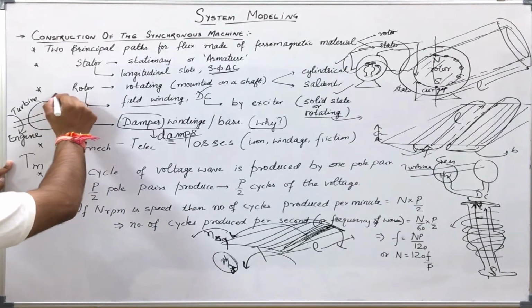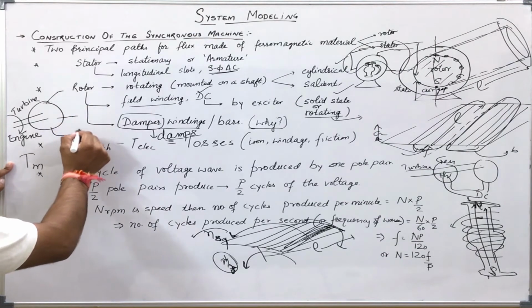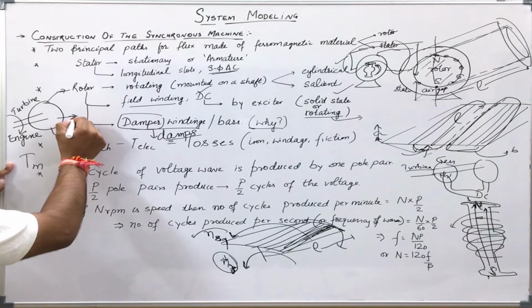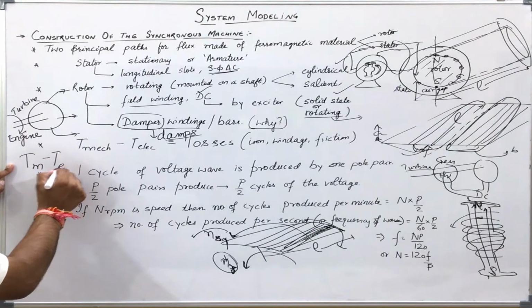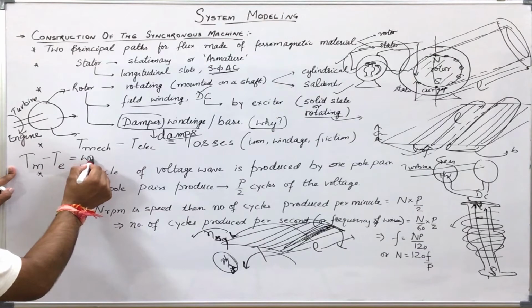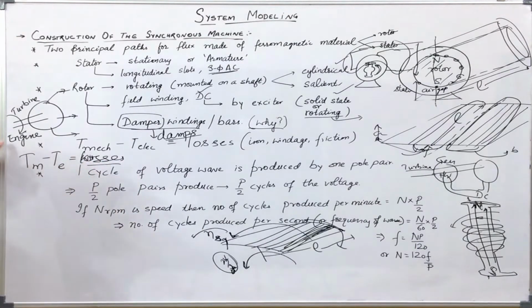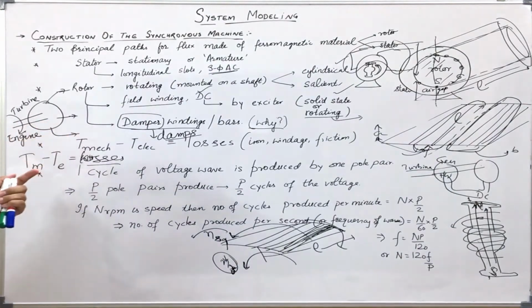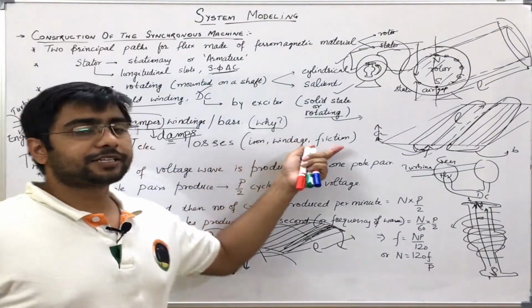Because of this, some power will be generated on the electrical terminals and this power can be taken out. There will be some difference between this mechanical input and the electrical output, and this difference will cater to the various losses which occur in the machine, like iron losses, windage losses or friction losses.